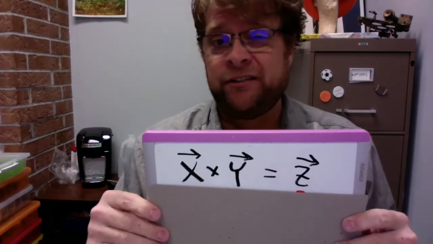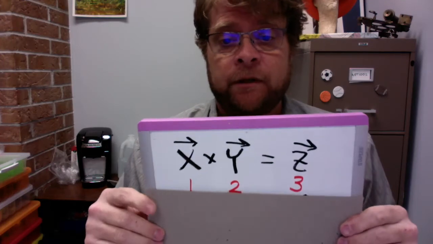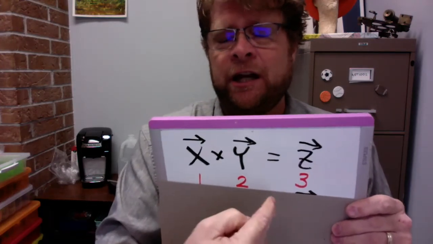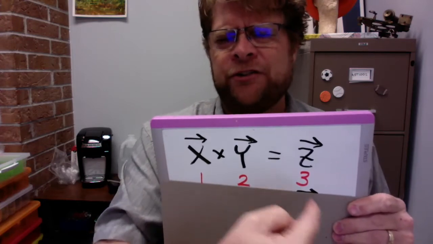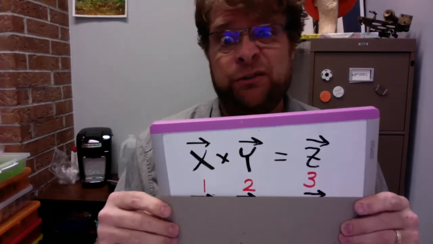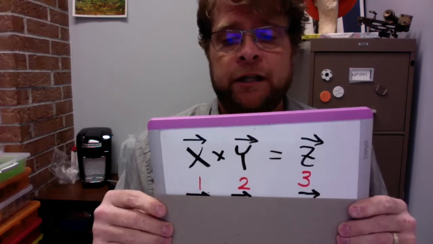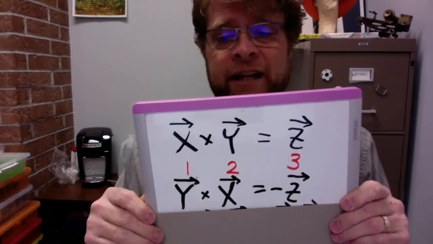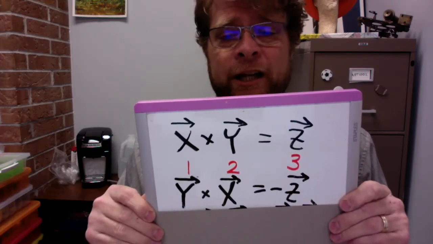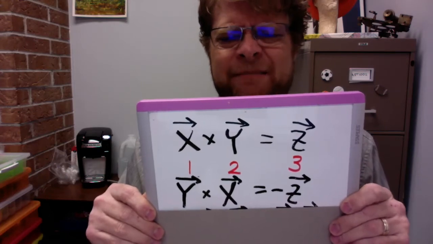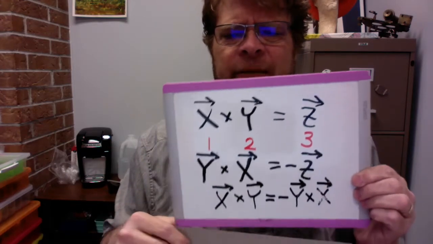That makes plenty of sense to mathematicians. And the important thing is that I have to talk about the directions in order. 1, 2, and 3. And we're used to talking about X, Y, and Z. All I did was change Y and X around, and I ended up pointing the other direction. I got a minus sign that showed up.